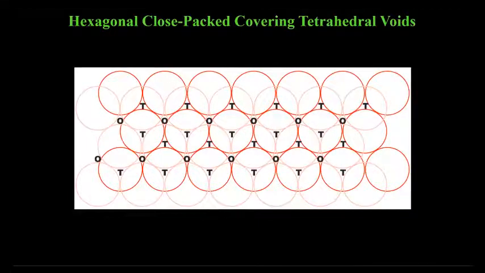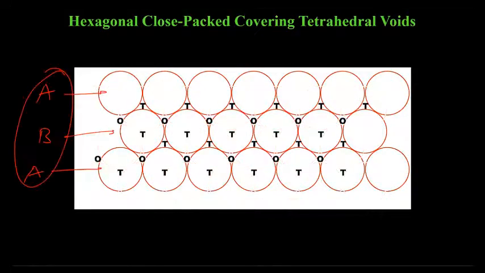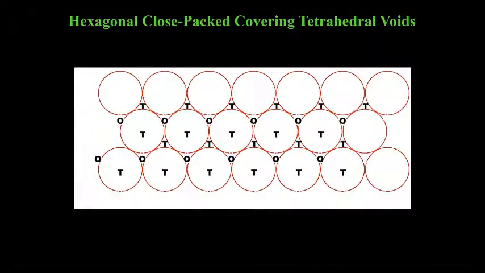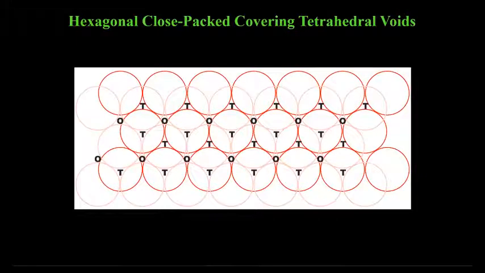Are you able to see the dim atoms, the atoms shown in dim color? Here there are no atoms, okay? And now we have placed another layer over the layer which was already there. And in this case, the placement of this layer is such that the atoms actually cover the voids.